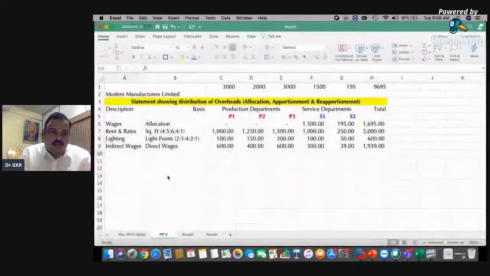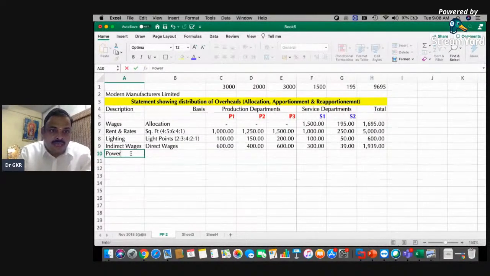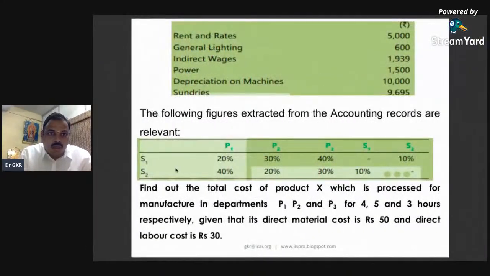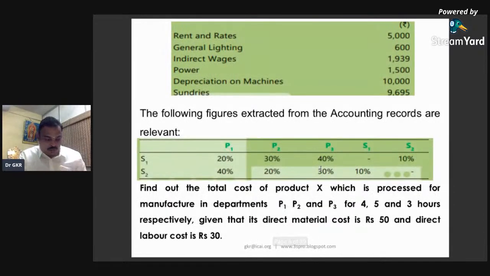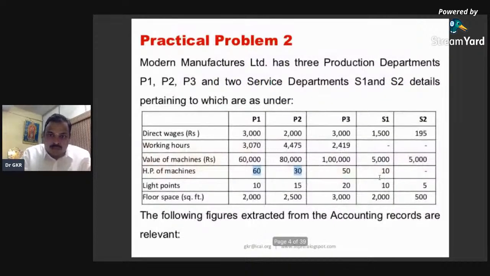You have power, 1,500. So power, will you go by light points or will you go by horsepower of the machine, value of the machine, working hours? So horsepower of the machine is what you will use for the power, because power has to be consumed based on maybe machinery. Sometimes service department may also use some machinery for cleaning purpose.